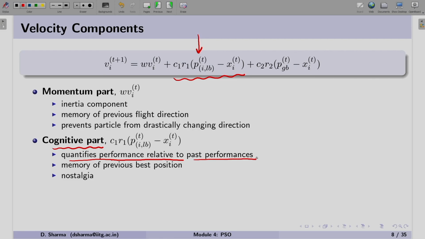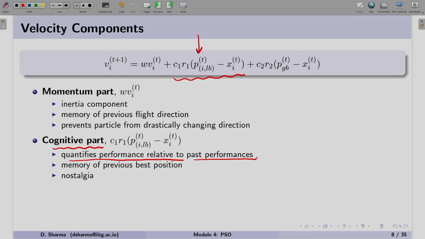As we have understood, the local best is the best position of the particle found so far. So, in this case we are preserving the best local best position of each particle. That is why in the second point we have mentioned it is the memory of the best particle.